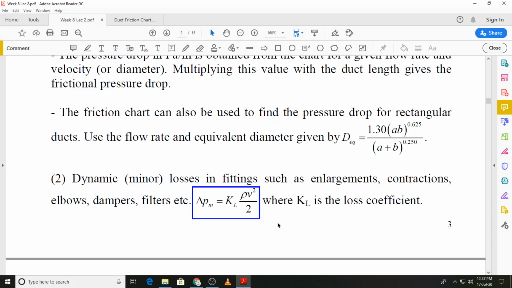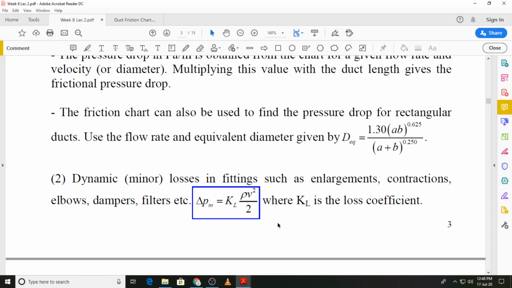duct systems. Okay. If you look at the friction chart, I will bring it up again later on, but you will see that it gives us also the diameters and velocities in the duct system. Because we have the diameters over there, it means that chart is for a circular duct. But we can also use the friction chart to find out the pressure drop for rectangular ducts.